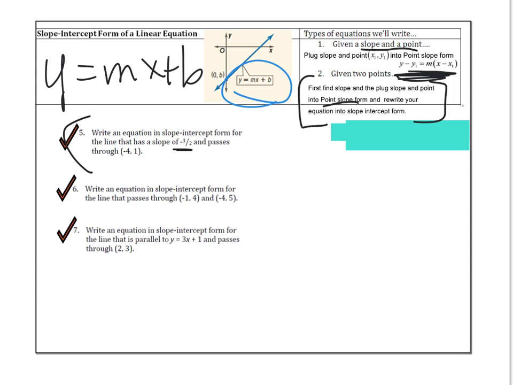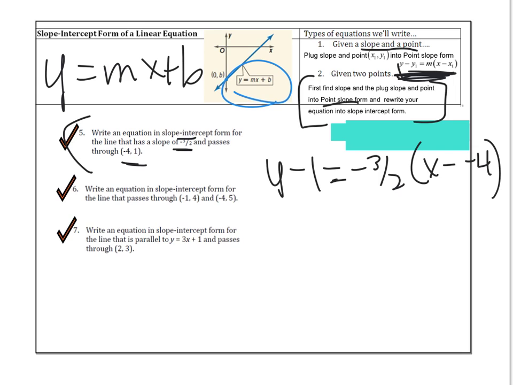So I've got a slope here. They want it in slope-intercept form. Well, I'm going to start off in point slope form. So I'm going to take y minus my y value, 1, negative 3 halves, slope, times x minus my x value here. So it's going to be y minus 1 equals negative 3 halves times x plus 4.